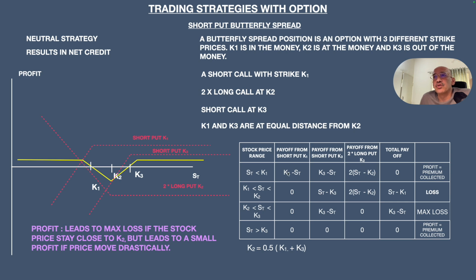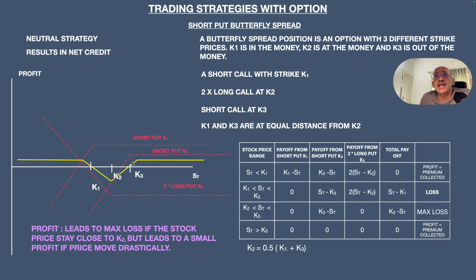So the payoff from short put K1 is 0. Okay, you have premium collected, no? So the price has not moved below K1. Hence, that premium collected is still remaining with you.